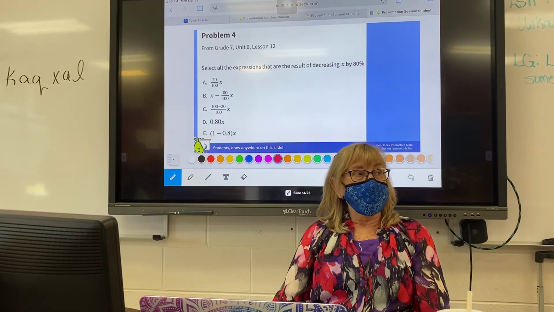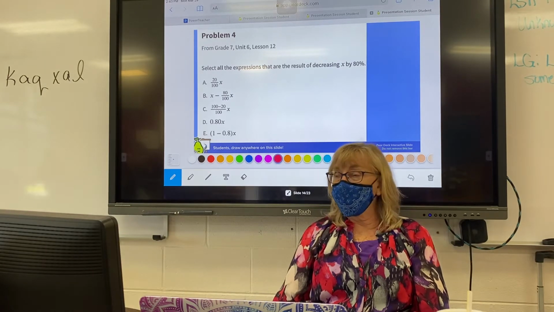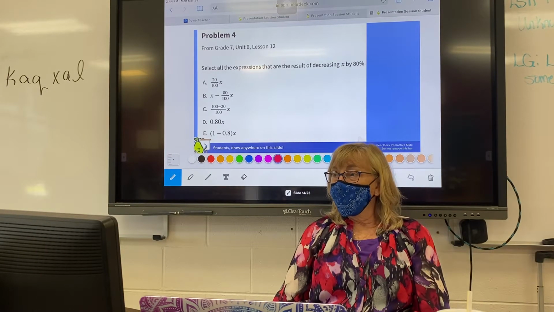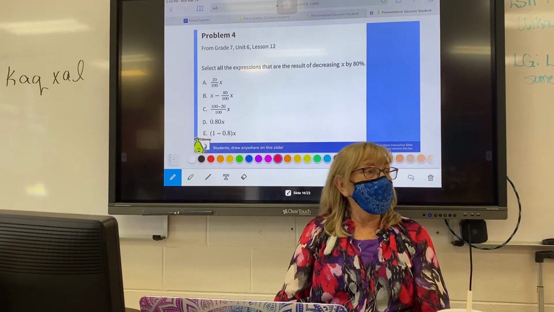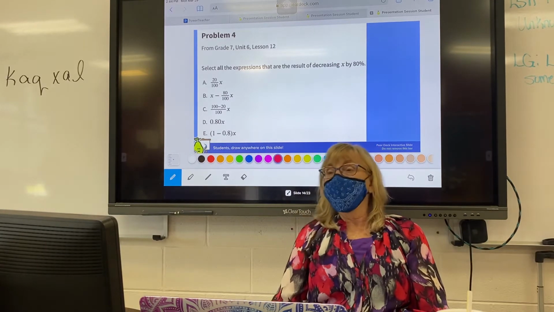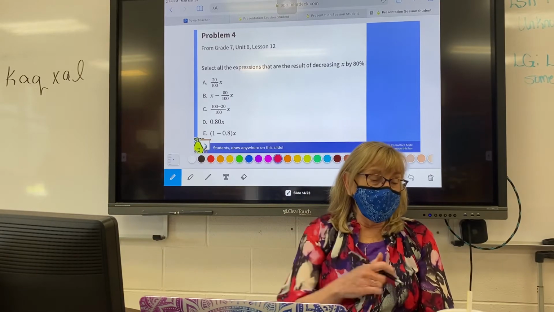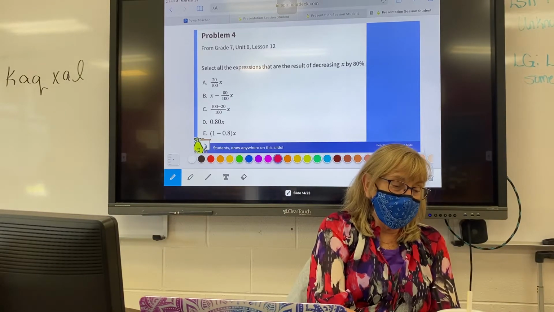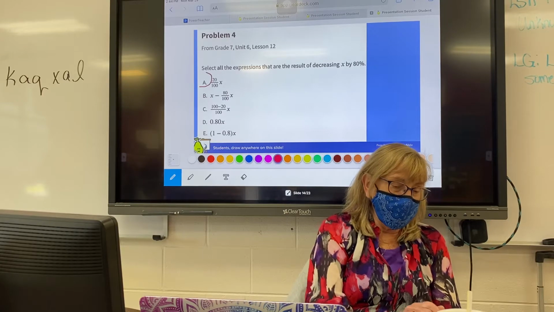How do we write percentages as fractions? Write it over 100. What does percent mean? Per 100. Okay? So A works because that is 20%.